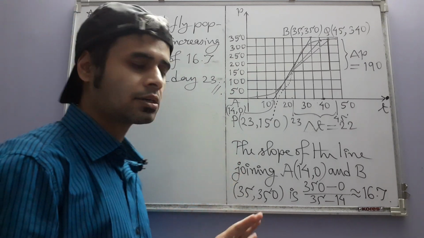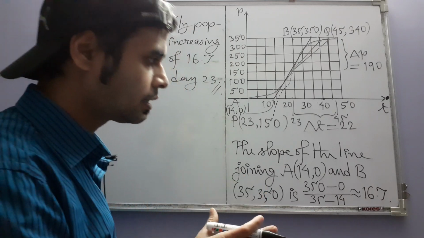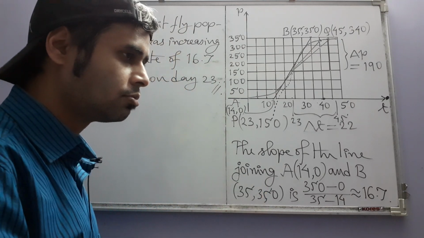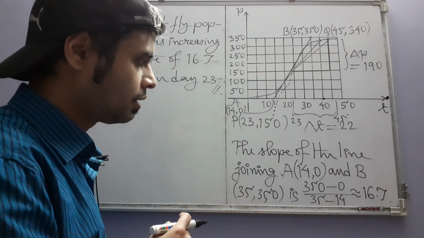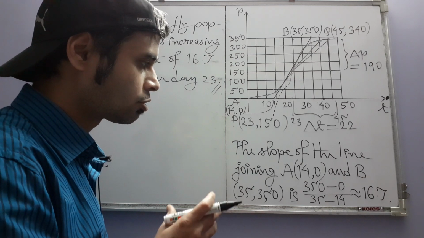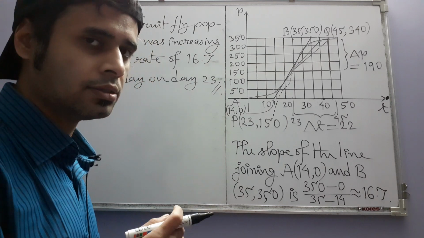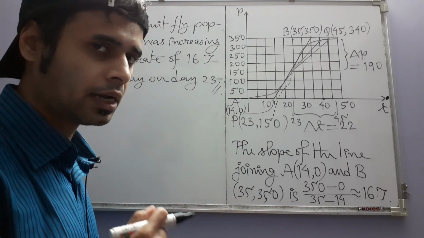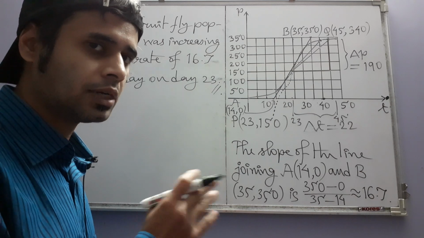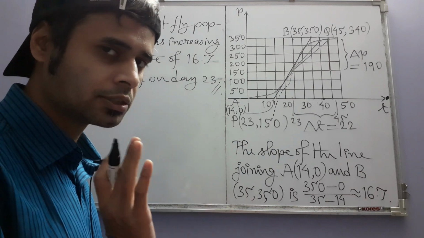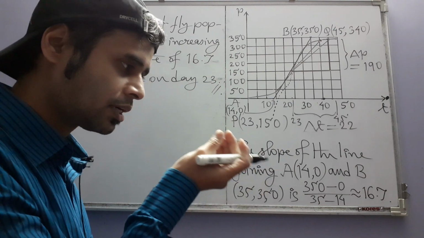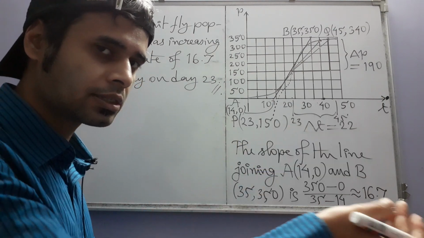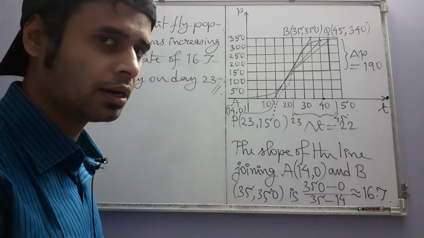Previously also I discussed that instantaneous rate is something towards which average rates are approaching, and the shorter your interval is over which you are calculating the average rate of change of the dependent variable with respect to the independent variable, the closer the average rate value is to that instantaneous rate value.